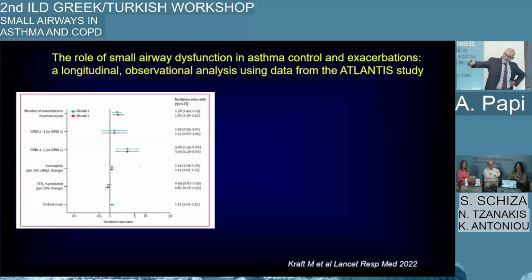You can see there lung function, severity of the disease in terms of treatment. By its own, the ordinal score, the last item, is associated with an increased risk of exacerbation, confirming that alterations in peripheral airways are associated with an increased risk of exacerbation.